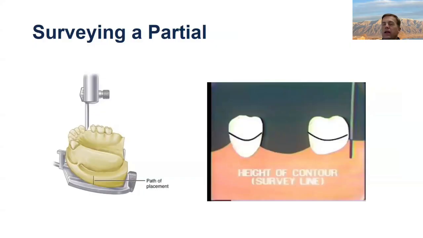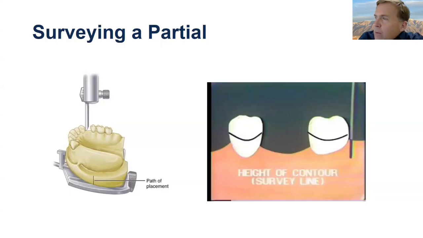So the first step in designing a partial is doing the survey process. Again, we'll talk about the analog survey first, and then we'll talk about what that looks like in digital. So as you know, you can think of a partial as a bridge that fits on all the teeth.